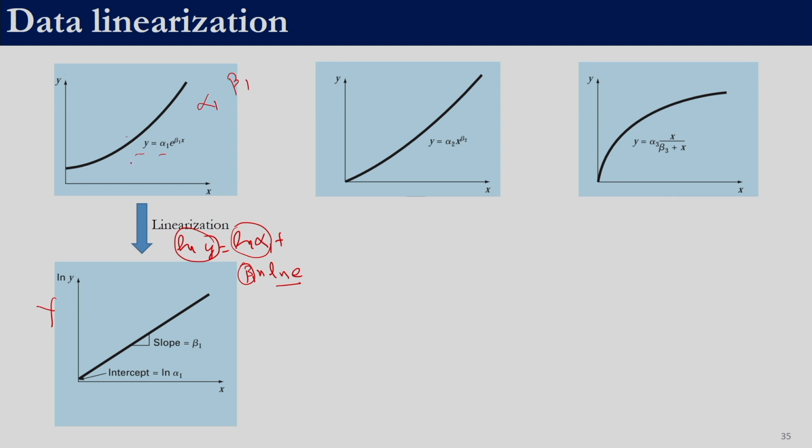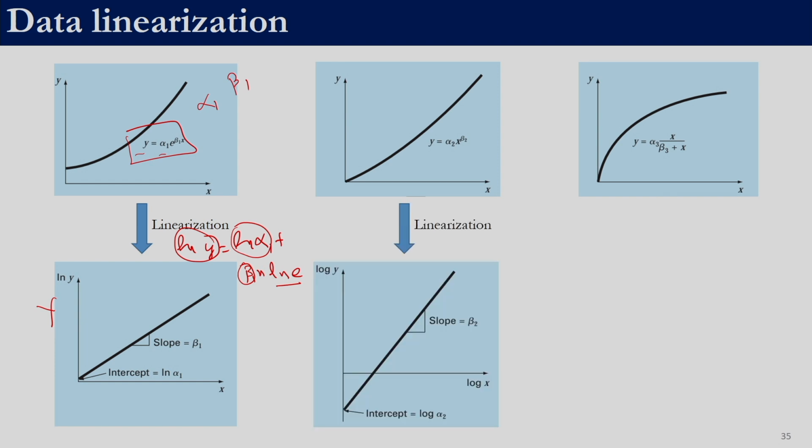So, if we are to solve this nonlinear regression problem, we can actually do a data linearization and work with ln alpha and x. Over here in the second model, it is y is equal to alpha 2 x power beta 2. So, here we can take log y is equal to log alpha 2 plus beta 2 log x.